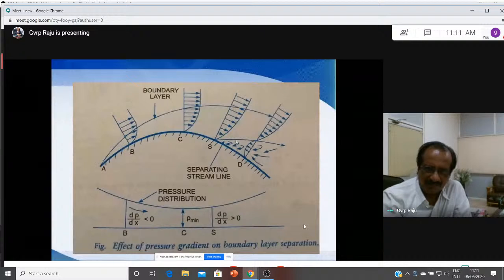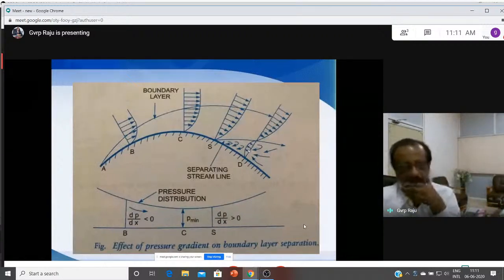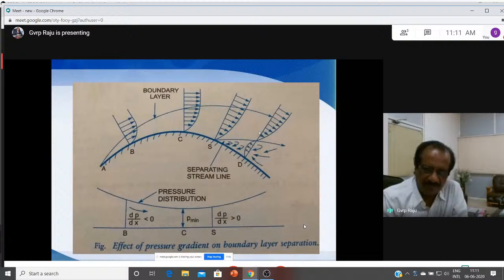That's why, if you see the velocity distribution, velocity increases here, whereas this is the velocity in the opposite direction. So this is the velocity in the forward direction. Then what happens here? Velocity in the opposite direction, velocity in the forward direction here.